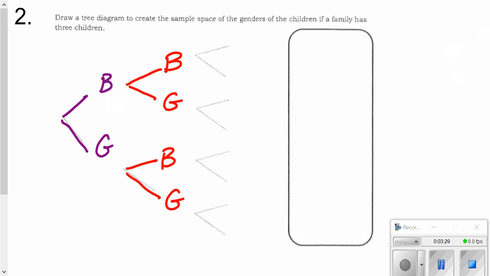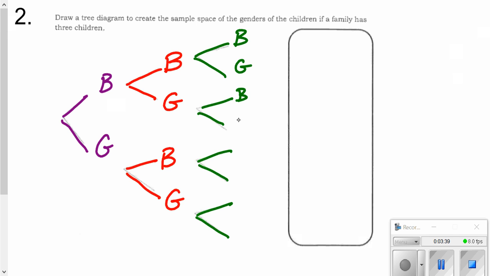And then my third child, I'm going to put that in green. You see how at each phase we are drawing more and more branches because there are more pathways to get to that location. Each of these sets of branches is just 2. Okay, and now if you trace through the diagram, it's possible to write out the whole sample space.